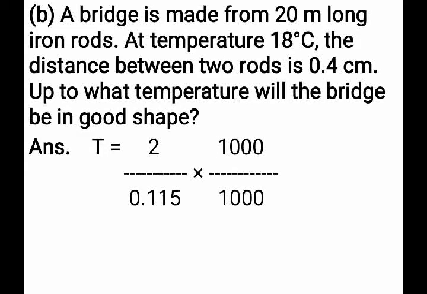So temperature is equal to 2 into 1000, which is 2000, upon 0.115 into 1000, where the decimal point shifts after 3 digits.